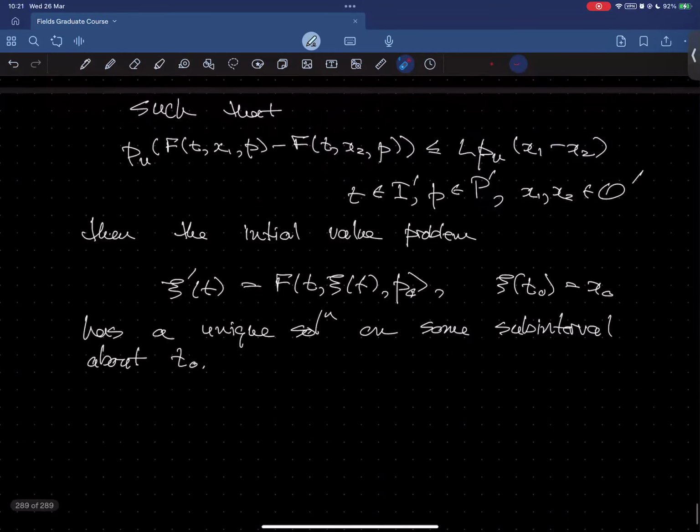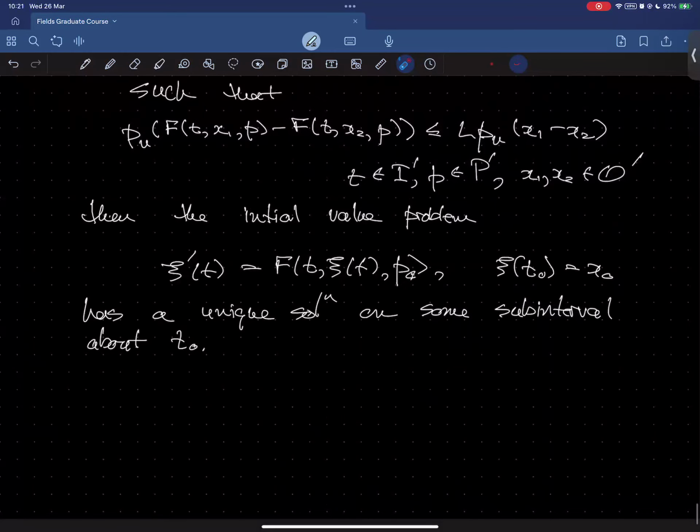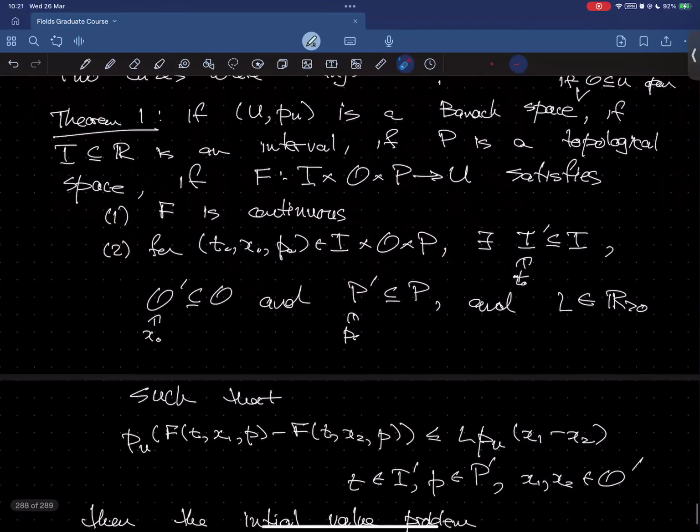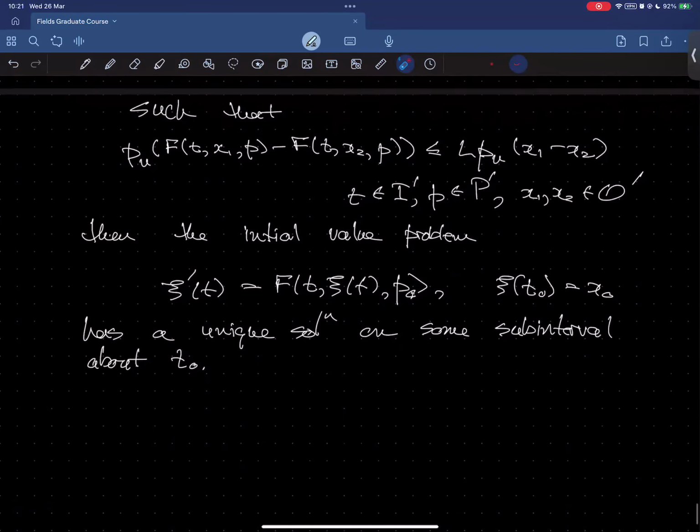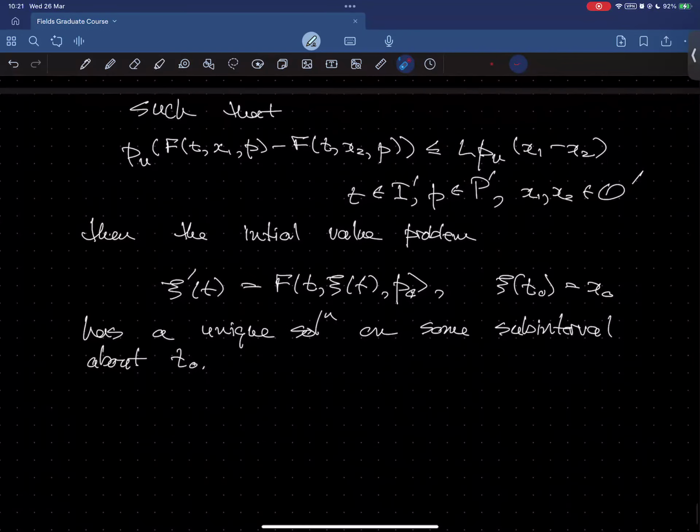All right, so there's more that you can say here, but it requires a bit of machinery to write down all the things that you need to do to make sense of that. Okay, good.